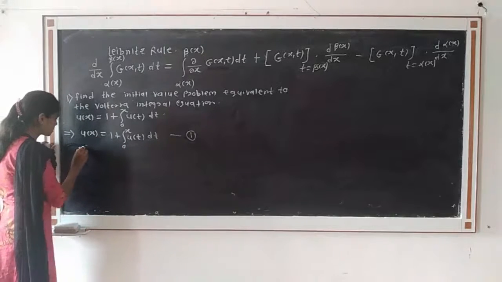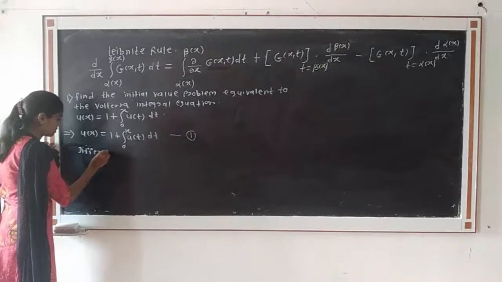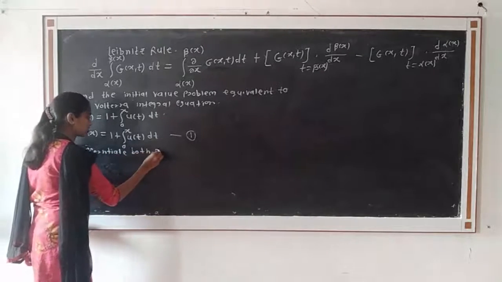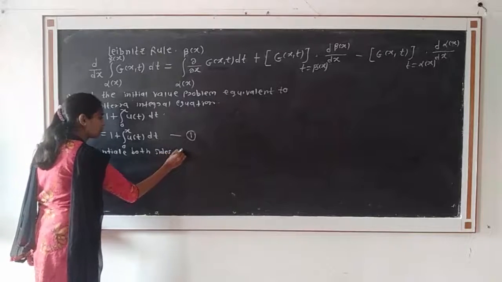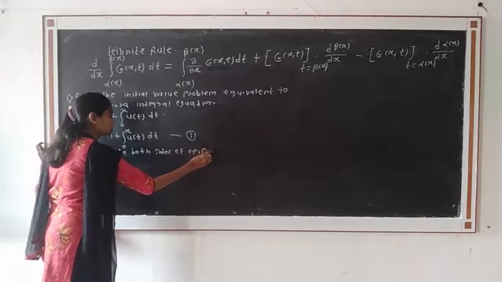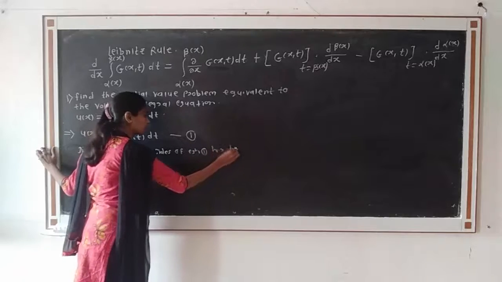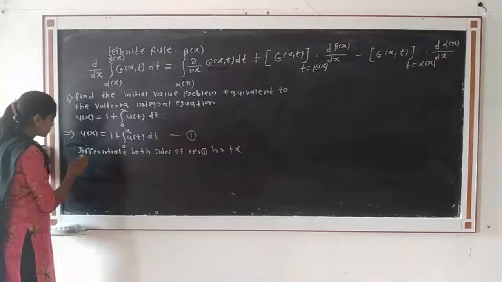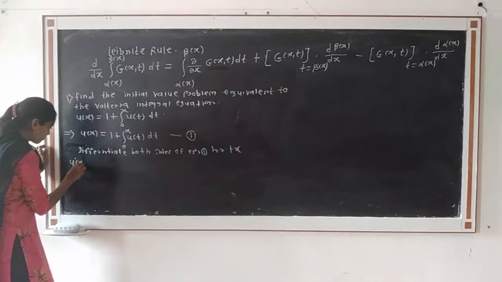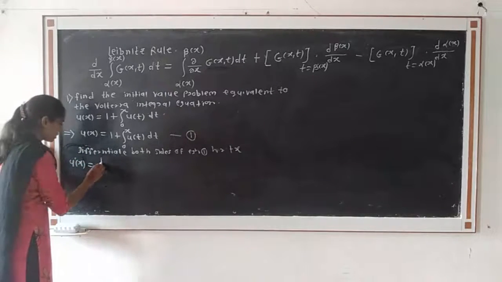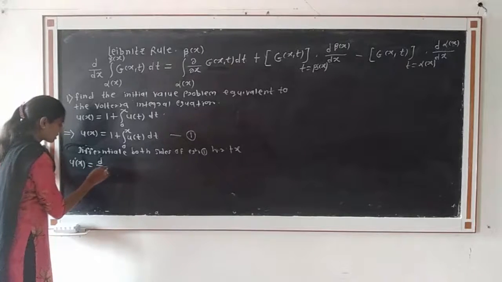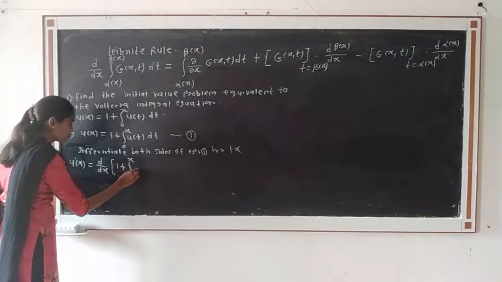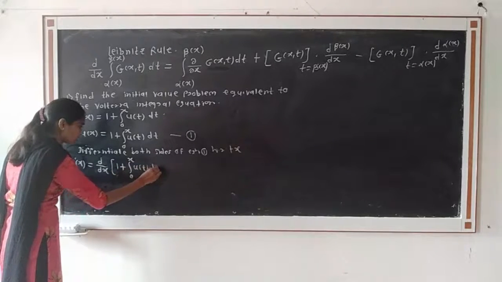Then we differentiate both sides of equation 1 with respect to x. Then derivative of u of x with respect to x, we can write it as u dash of x is equal to d by dx of 1 plus integration from 0 to x u of t dt.